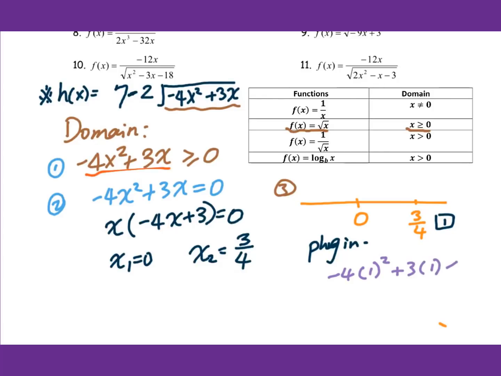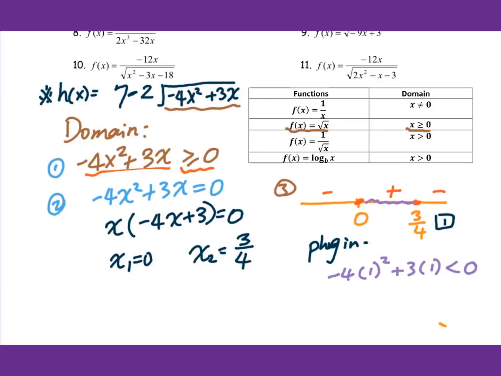That is negative, which means the interval including 1 is negative. So the neighbor interval will be positive, here is negative. Since I'm looking for greater than or equal to 0, this is a closed circle, and the positive interval will be the solution.